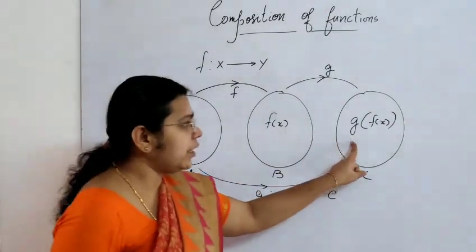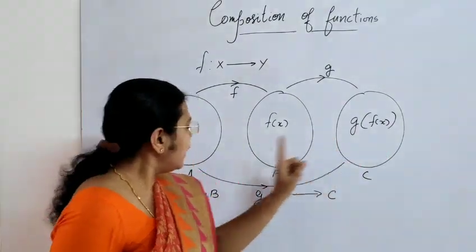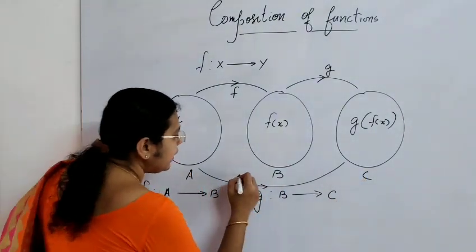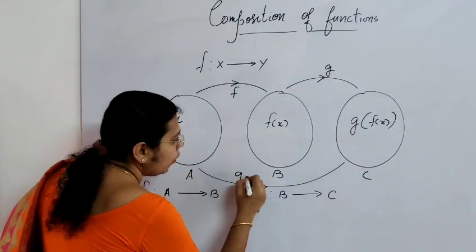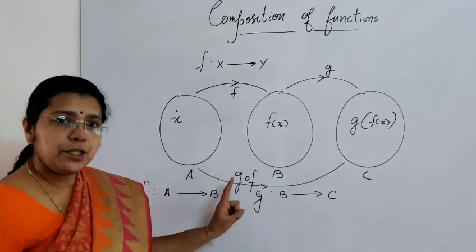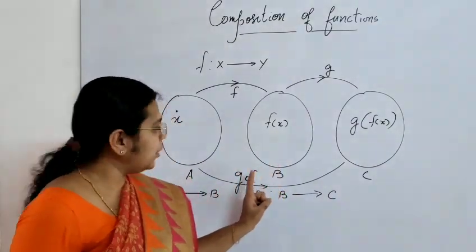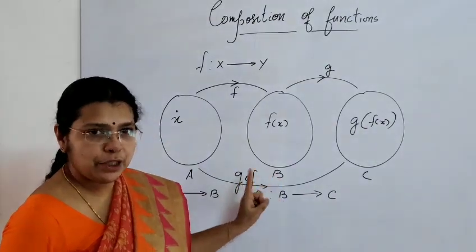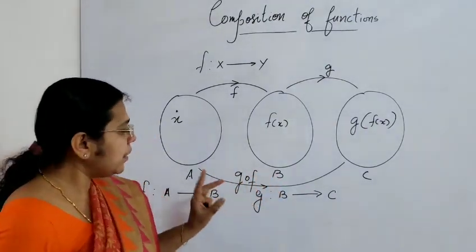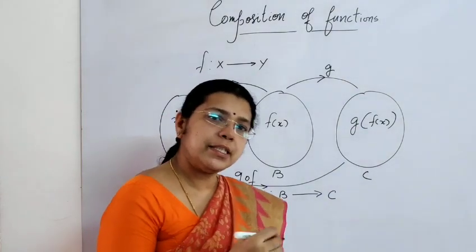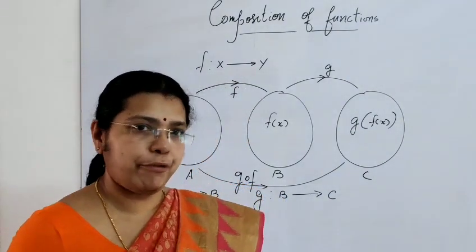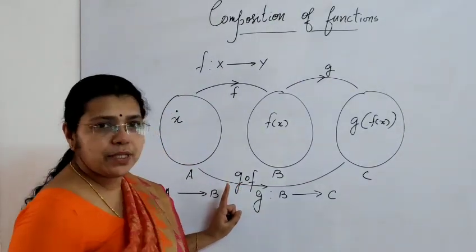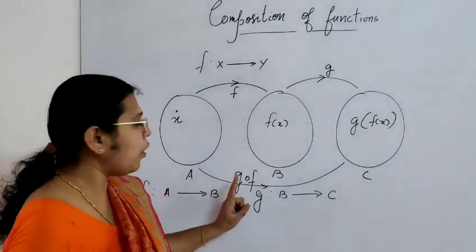This function g of f of x is a function from A to C and it is notated as g o f, read as g of f. Okay, g of f, g o f. Some authors write this as g of f and read it as gof. So that way also you can call this function. I use it as g o f, g of f.